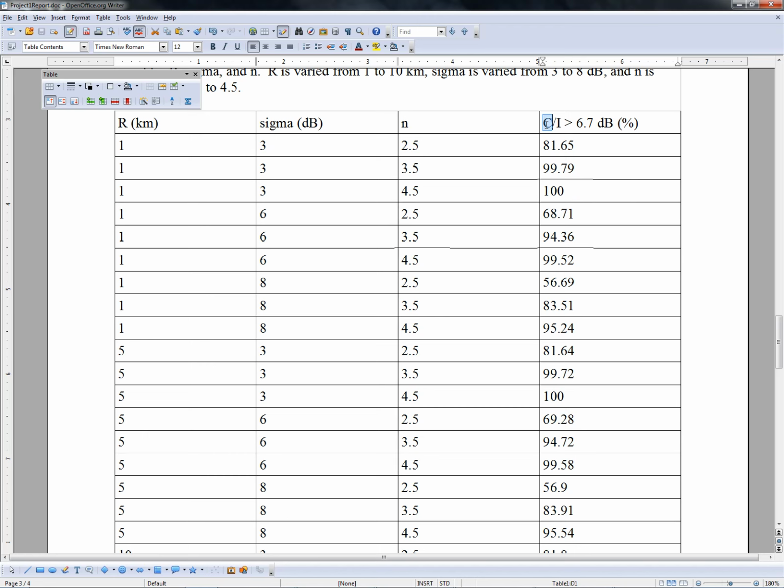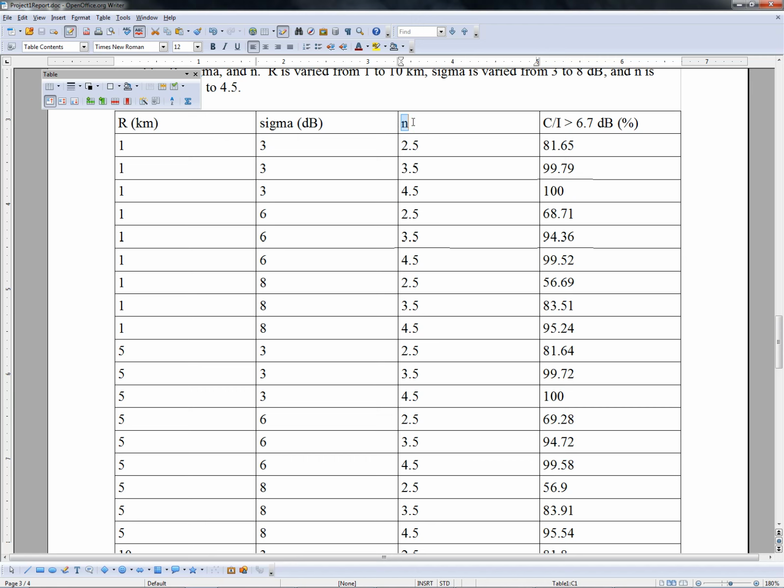This results in a smaller value of C, but a significantly smaller still value of I. So your overall ratio will increase as the path loss index increases.